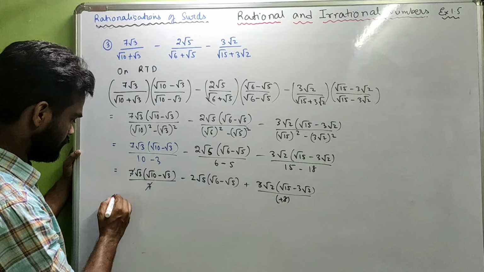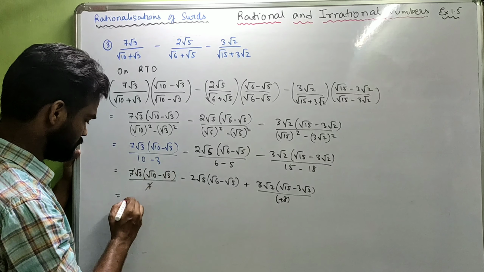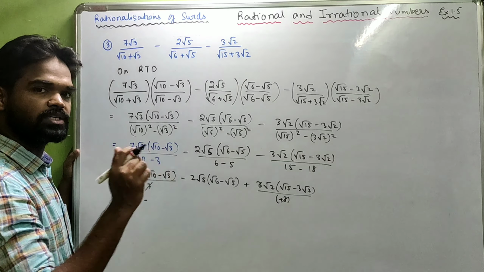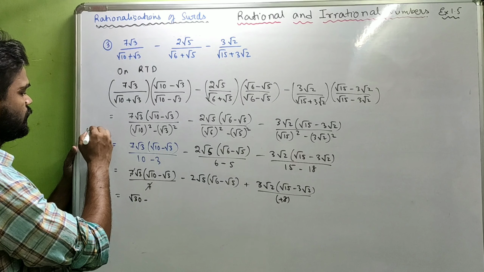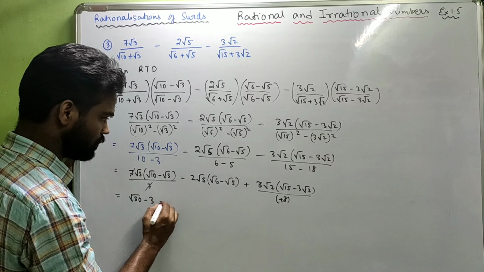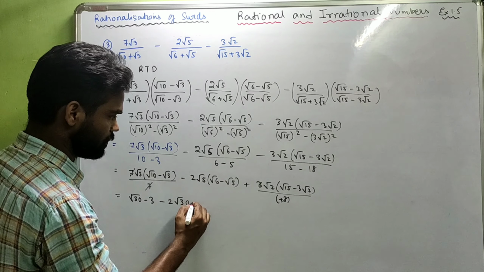Am I clear? Now look in the bracket. So this is root 3 multiplied by root 10 will give you root 30, minus root 3 into root 3 is 3. Root a multiplied by root a is a. So that's 3 minus. This is twice root 30, minus minus plus.